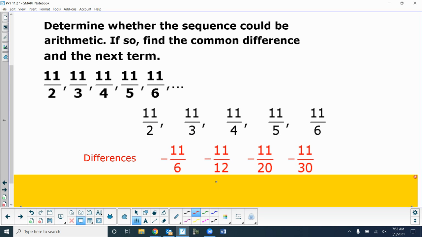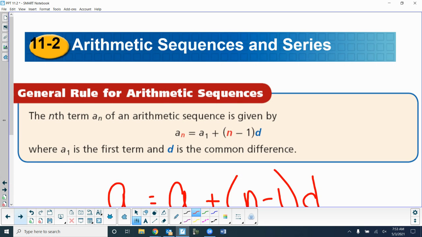Is it? So that's what you're looking for first, to see if it's arithmetic or not. If it tells you it's arithmetic, then just go second term minus first term to see what the common difference is. So here's the formula.